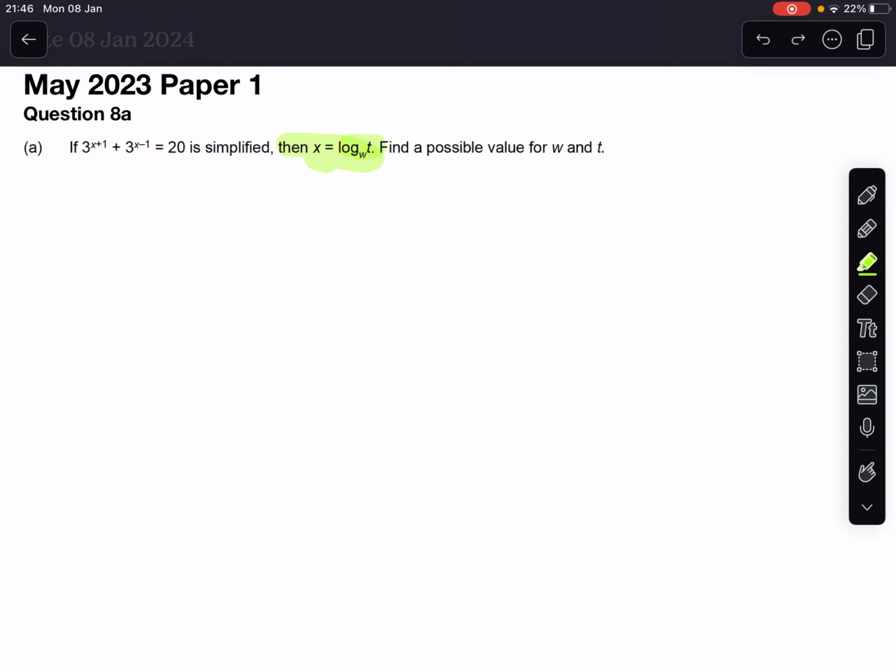And we know that logs and exponents are inverse operations of each other.